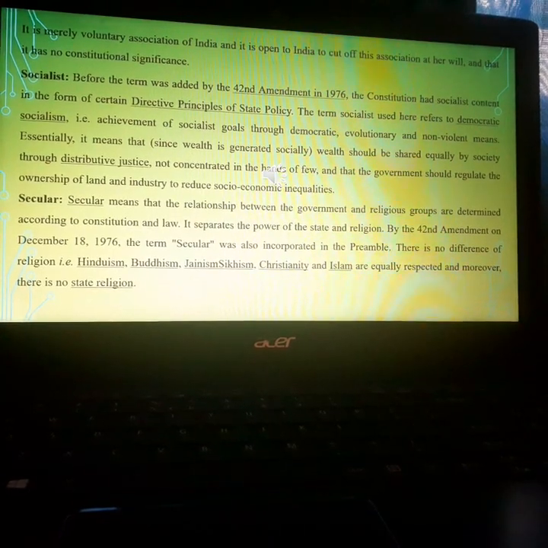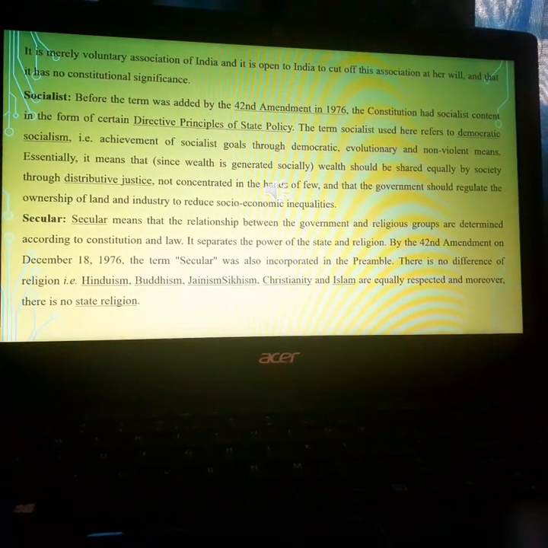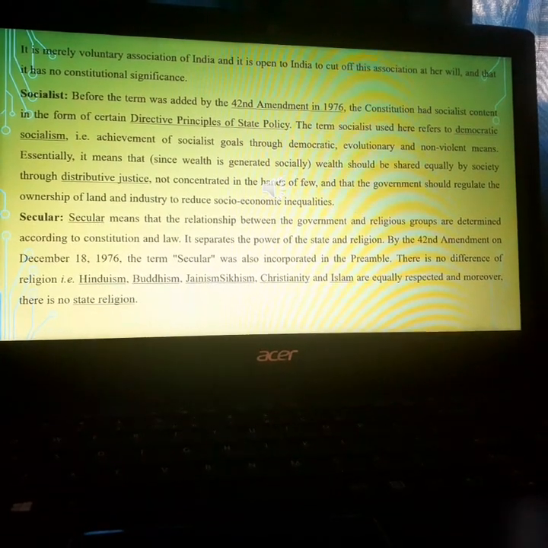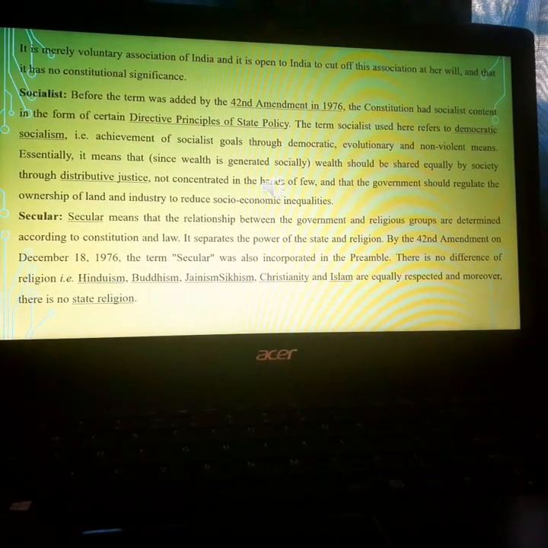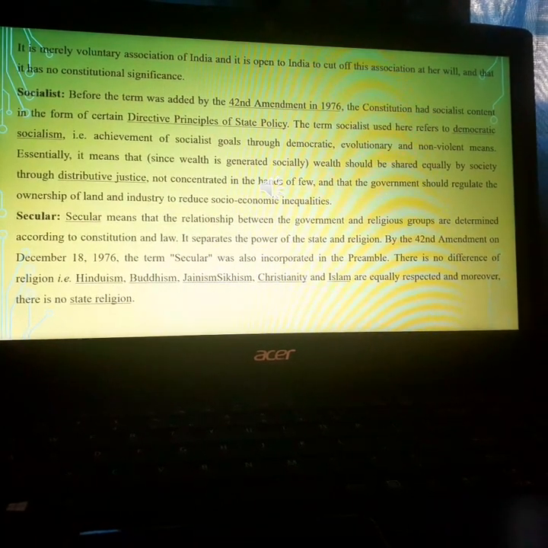Socialist. Before the term was added by the 42nd Amendment in 1976, the Constitution had socialist content in the form of certain directive principles of state policy. The term socialist used here refers to democratic socialism, that is, achievement of socialist goals through democratic, evolutionary, and non-violent means.